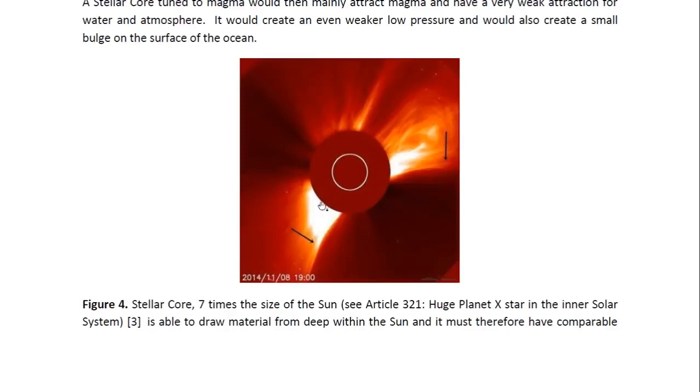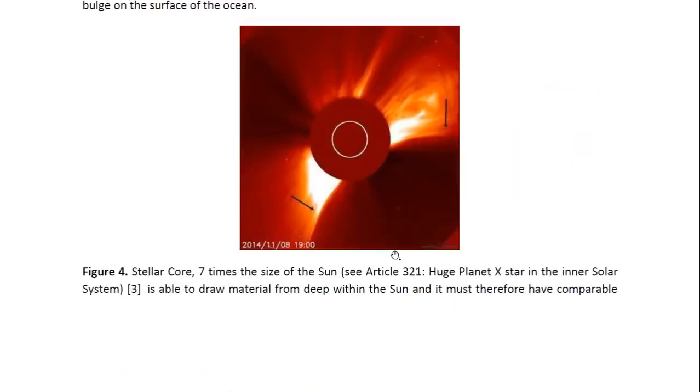Now, this is just the core of what was once a star, and a core seems to be only about 1/5 the size of the objects we know anything about, which is the Earth and the Sun. Well, we don't know that for sure, but we know that the Earth's inner core is about 1/5 of the size of the Earth. So it's likely that stars also have cores that are about 1/5 the size of the whole star.